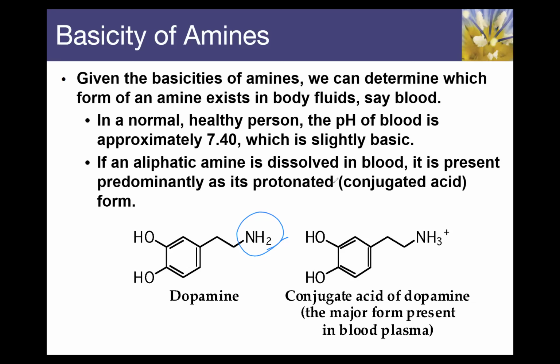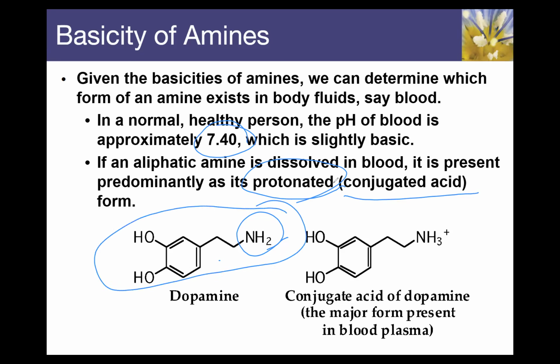If it is going to be dissolved in our blood that has a pH of 7.4, which is slightly basic, it's going to be in its conjugate acid form with an extra proton. So dopamine, if it's in our blood, doesn't exist like this. It'll exist like this, with an extra proton.